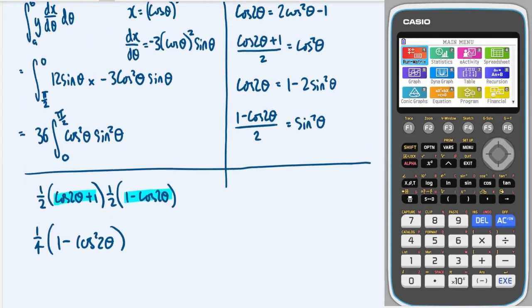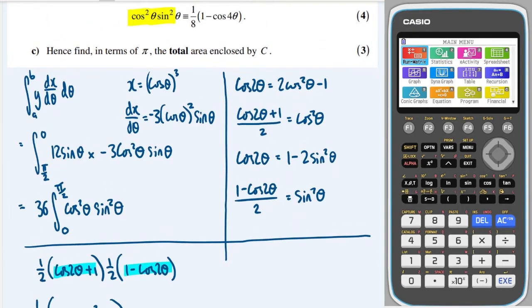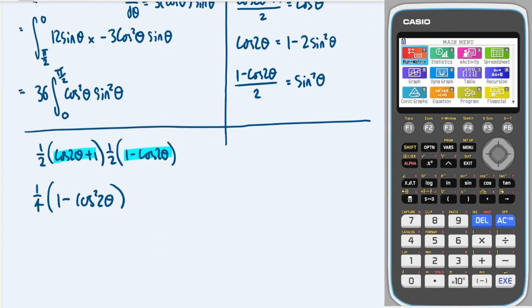Okay, and we want this to be equivalent to 1/8 (1 minus cos 4 theta). So what I might do over here is just write out what cos 4 theta is equal to. Now, we know that using the double angle formula, this is equal to cos of 2 theta plus 2 theta.